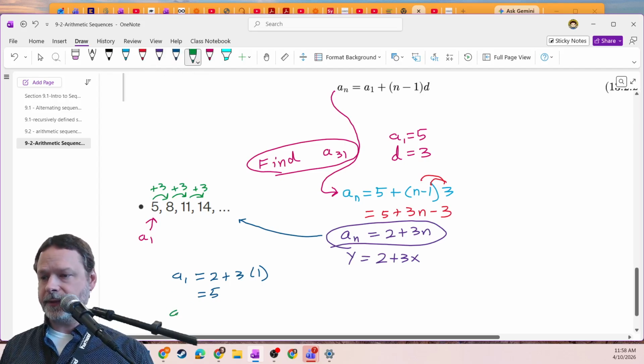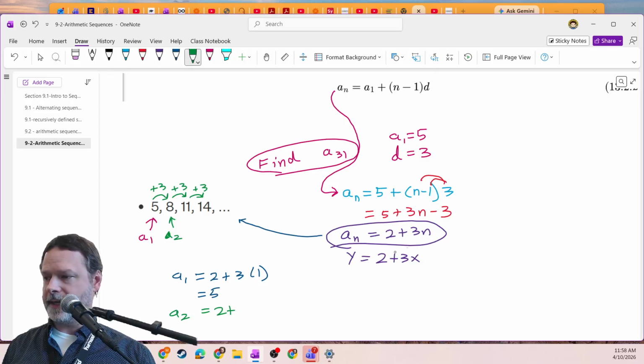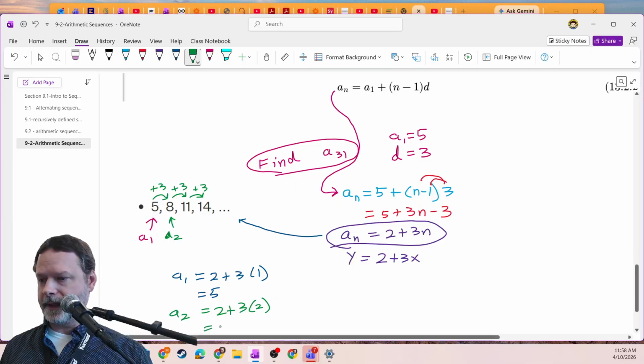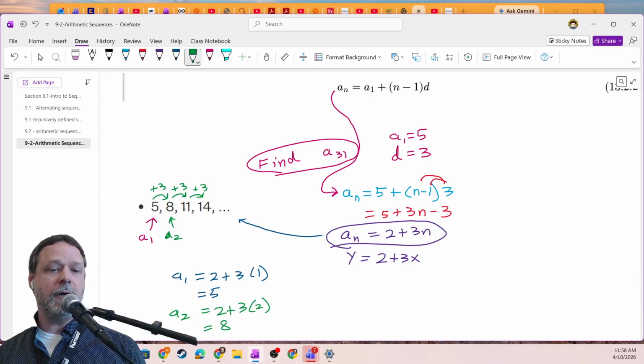Let's try a sub 2. Here's my a sub 2. It's 8, right? A sub 2 would be 2 plus 3 times 2. And I get 2 plus 6 is 8. Yep. A sub 2 is 8. Totally works. That's all you got to do.